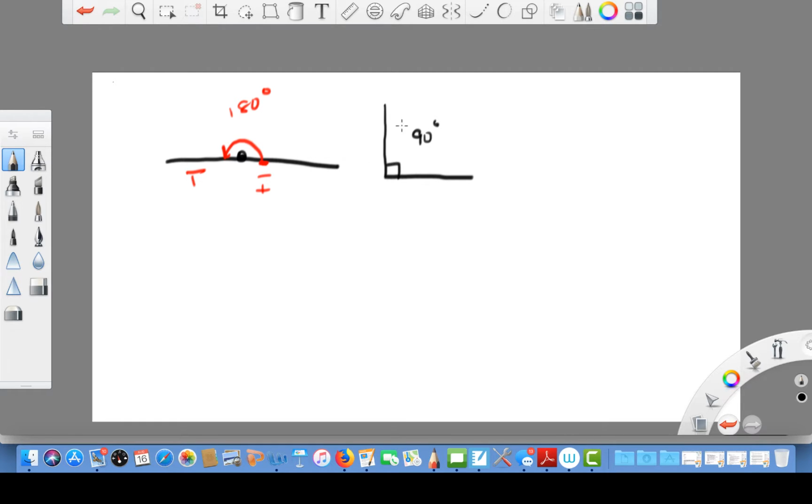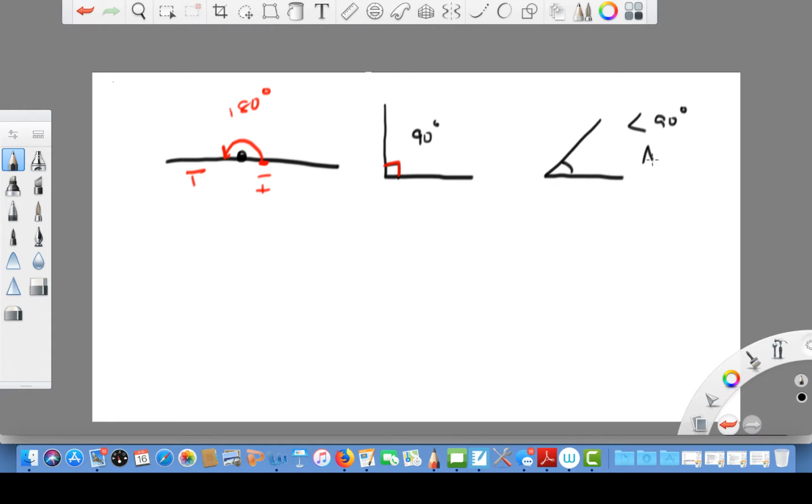And it doesn't go past that. It's indicated very well by this little box. If that little box is there, it's showing that it is a square, or it is a right angle.